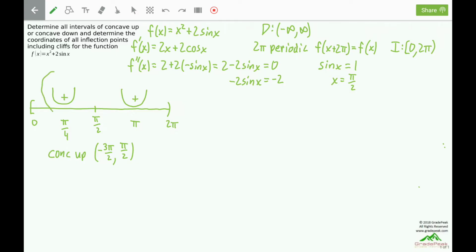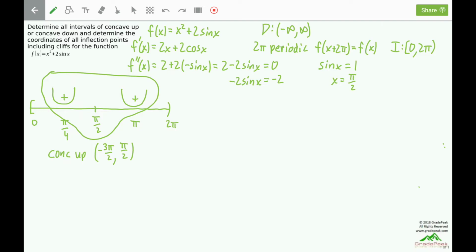Right at the candidate number of x equals pi over 2, the concavity is concave up on the left and concave up on the right. It's not changing. And so pi over 2 will not be an inflection point, and pi over 2 is the only candidate number here.